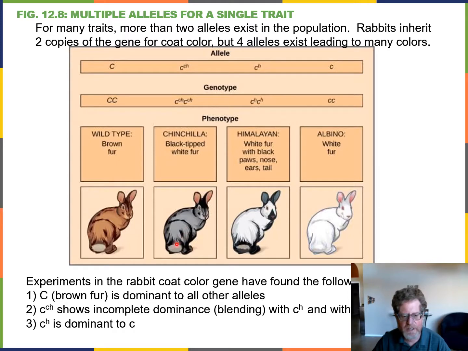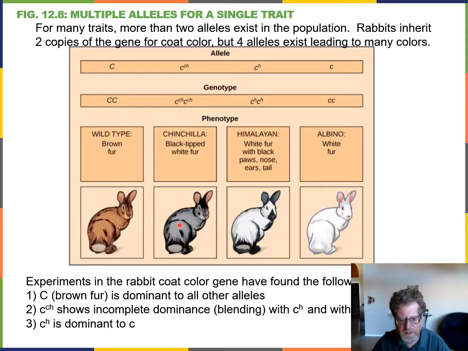Okay? The others are all recessive to the brown fur. The gray is called the chinchilla coat. The Himalayan has a black nose and black paws. The albino has the white fur. And it turns out that the chinchilla blends with both the Himalayan and the albino.